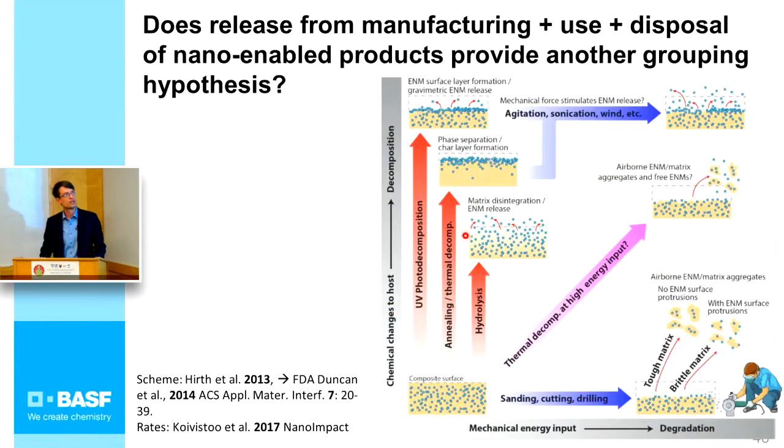And chemical forces, of course, have a completely different effect because they change the composition of the matrix. They can degrade the entire matrix. Thermolysis, hydrolysis, photolysis all have their action. At the time of writing this, Tim obviously had some uncertainty about thermal decomposition. That's one reason why we keep investigating this with Phil here. I think we're making good progress on that. So this might actually not be true, but the question is, how can release properties be used as a grouping hypothesis?